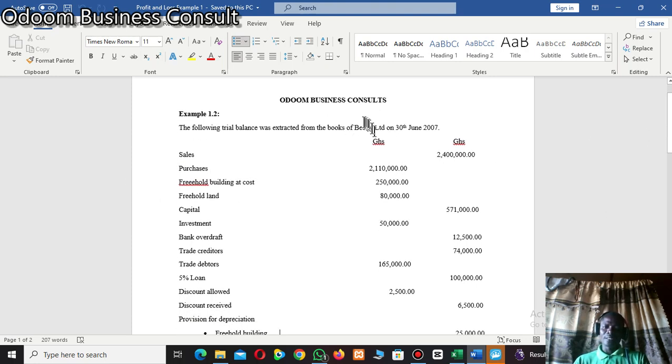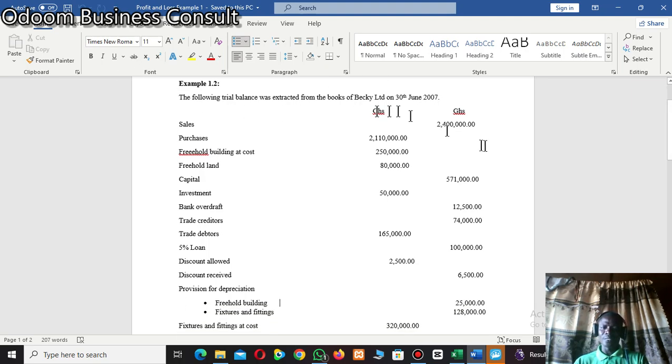I made a little change to the company's name. Okay, so the name is not what you get on the original question, but the figures, everything is the same. The only change that I made was the name of the company. So the following trial balance was extracted from the books of Becky Limited on 30th June 2007.